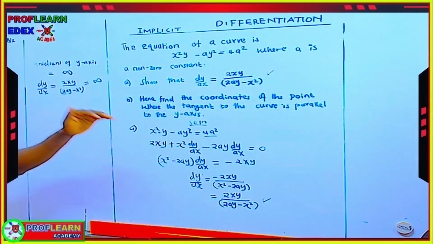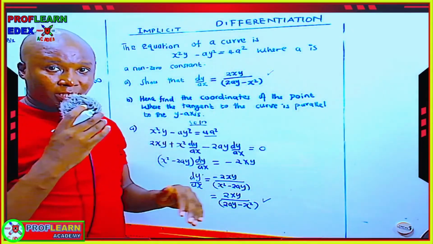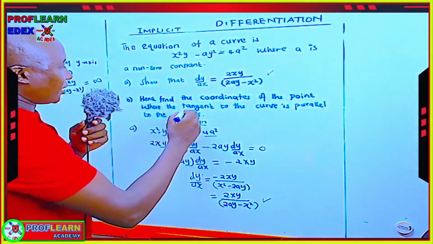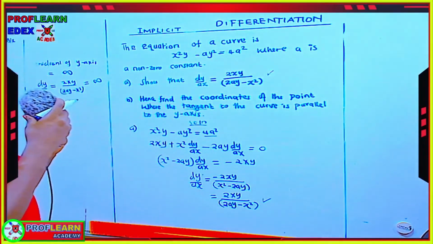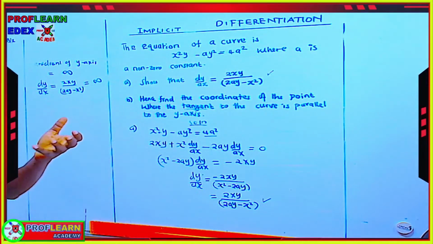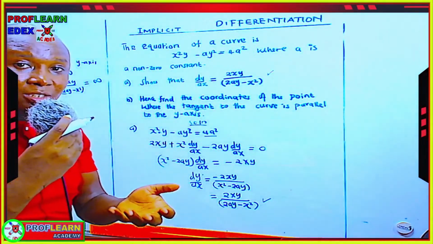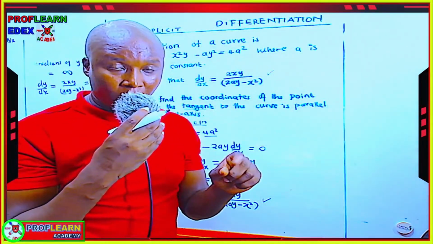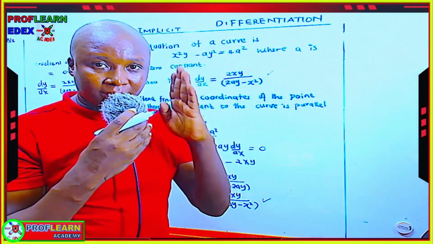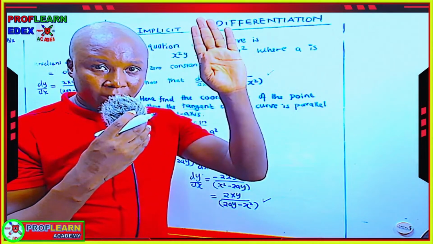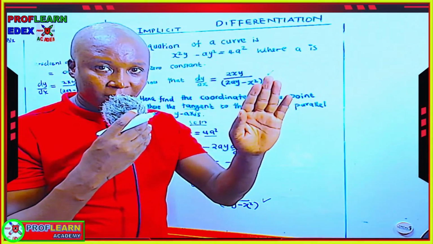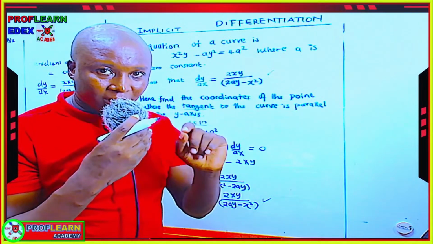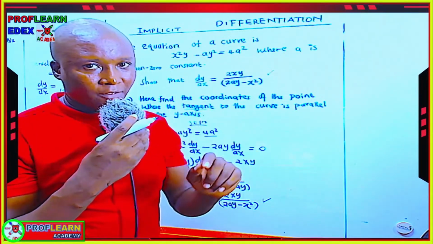Because the gradient of the tangent is equal to the gradient of the curve. If the tangent is parallel to the y-axis and the y-axis has infinity gradient, then it means also the gradient of the curve is infinity.